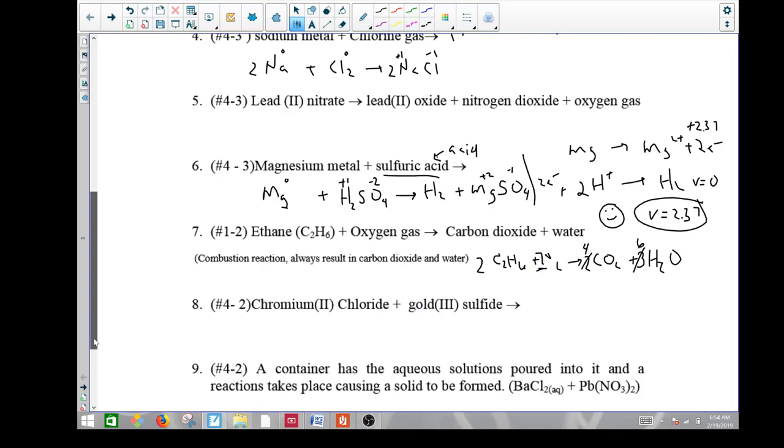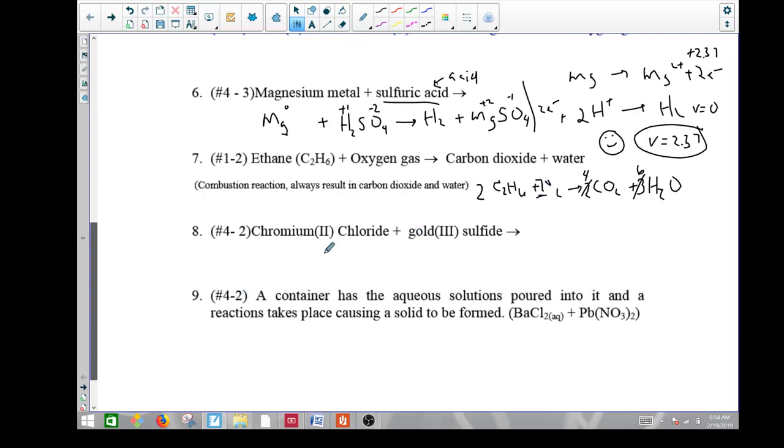Alright, moving along here, number 8. We have chromium chloride, CrCl2, plus gold sulfide, AuS. This is going to be 3, 2. I did that backwards. Alright, so Au2S3.